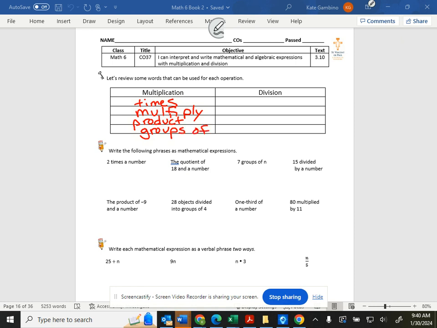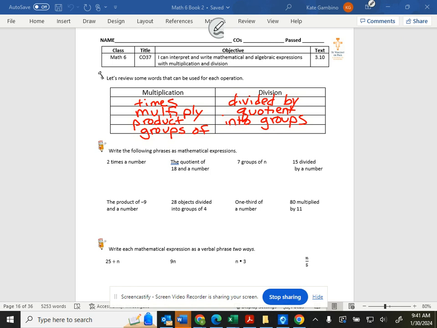What words do we have for division? We have divided by, quotient, and into groups. So our multiplying, groups of, and division is into groups.